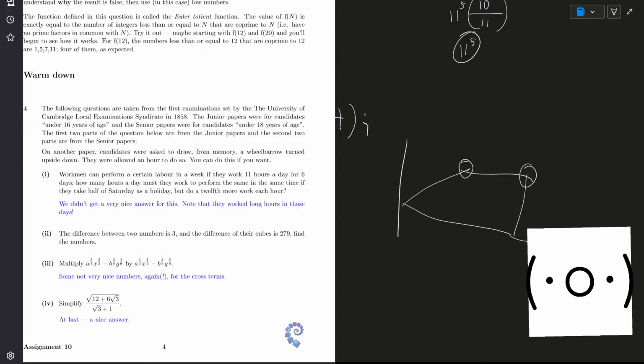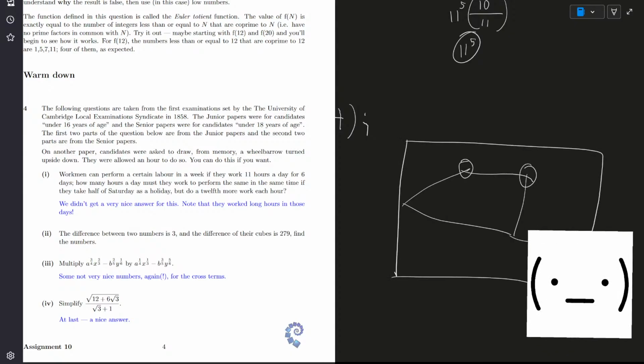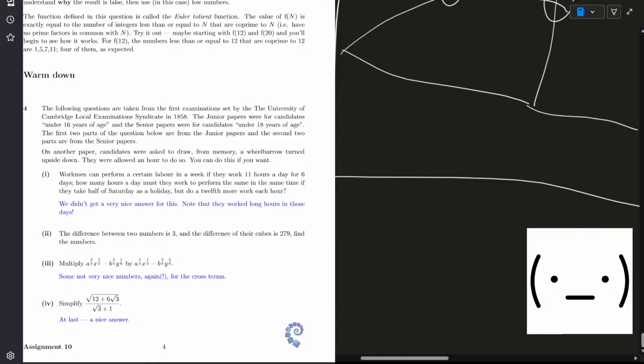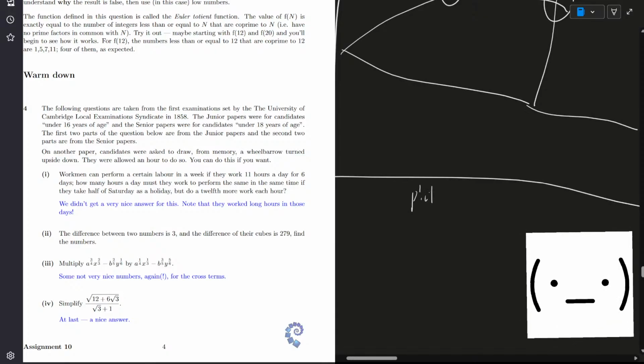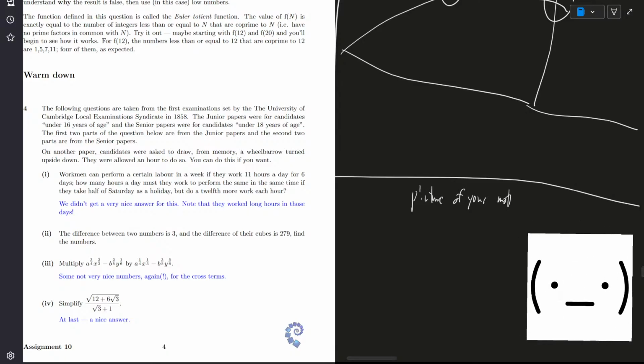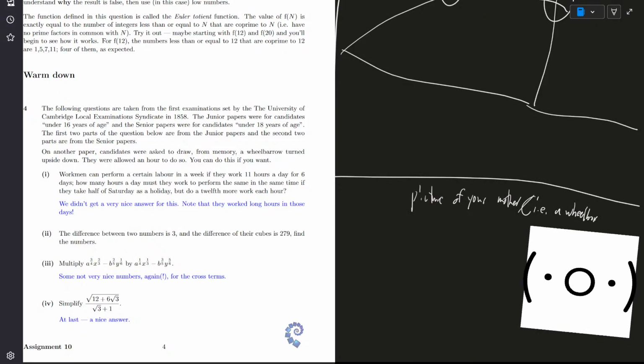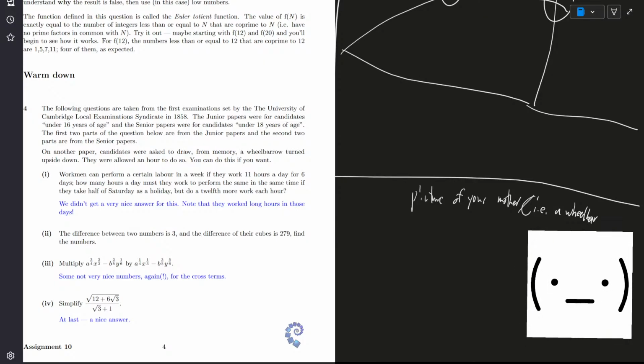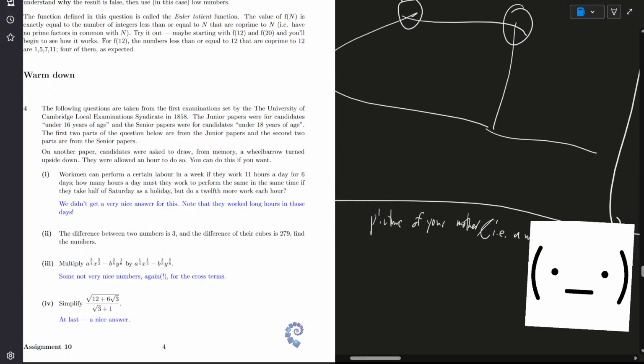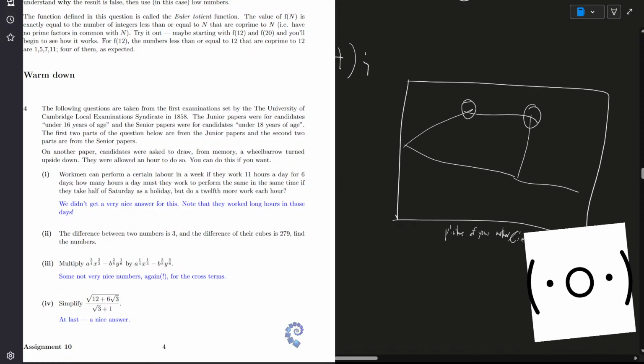There, we've drawn a picture of your mother, i.e. a wheelbarrow. I spell barrel. There you go. Wheelbarrow. Lovely. Pretty sure this qualifies me with Cambridge now.